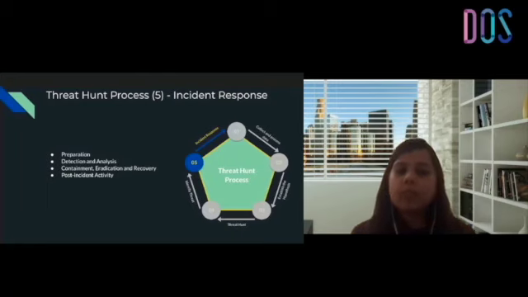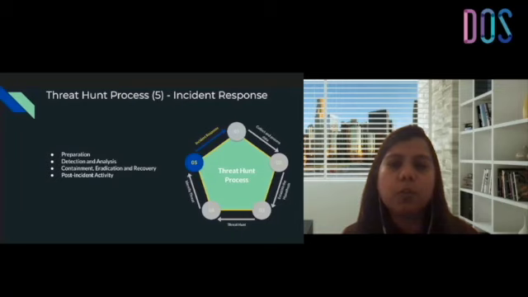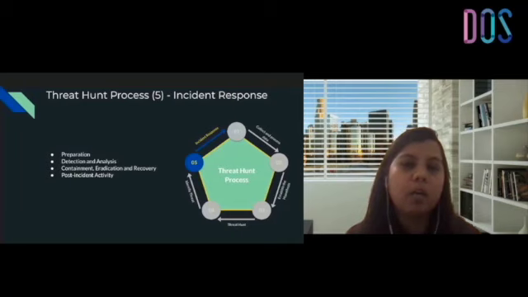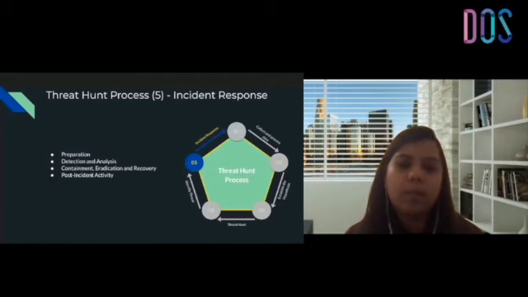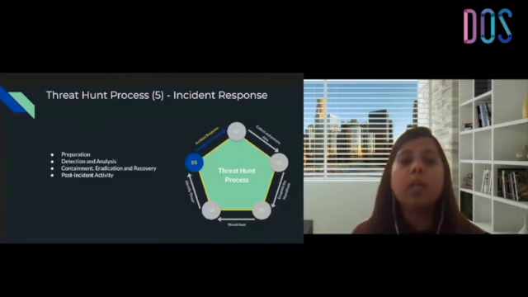These are some of the steps you do as part of incident response. Then comes the post-incident activity, where you need to inform all the stakeholders about what has happened with a very detailed report about what kind of evidence was collected, what kind of damage was done, what the remediation steps were, and what the lessons learned were, so that we can better the security posture.